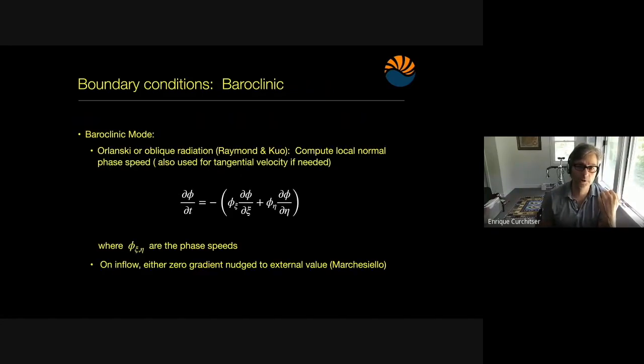The problem really starts once you go to the baroclinic. So all the headaches that we get from the open boundary conditions, and there are plenty, come from this. The original conditions are based on Orlanski, so radiation conditions, which only specify the normal phase velocity, locally at the boundary.